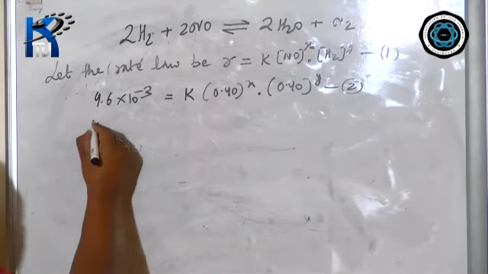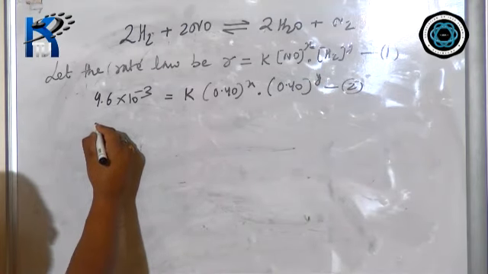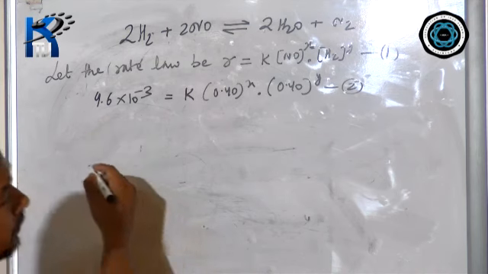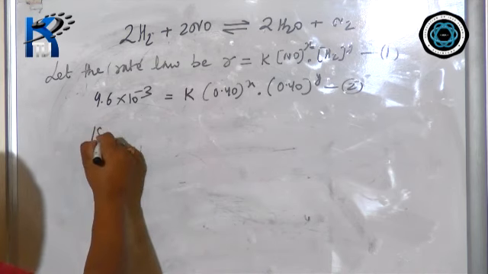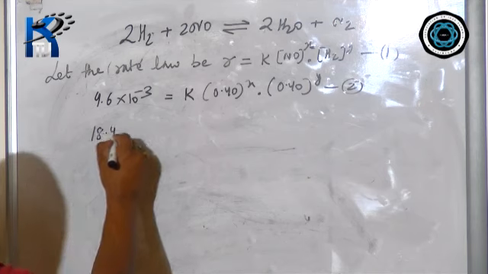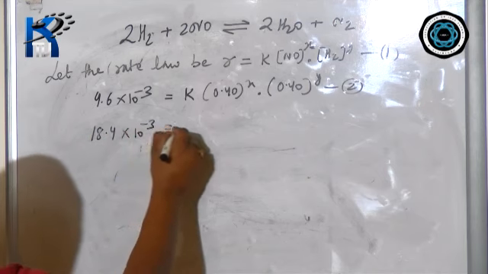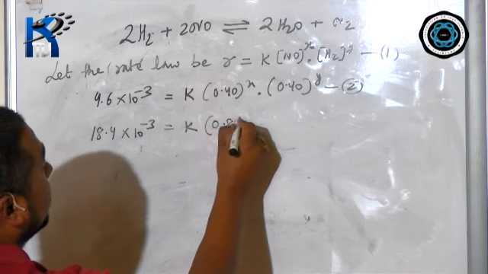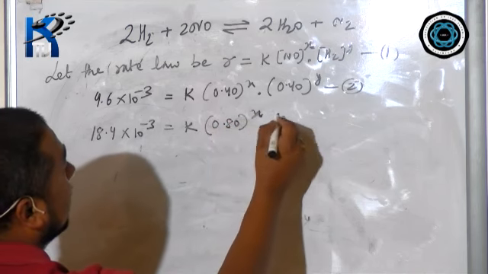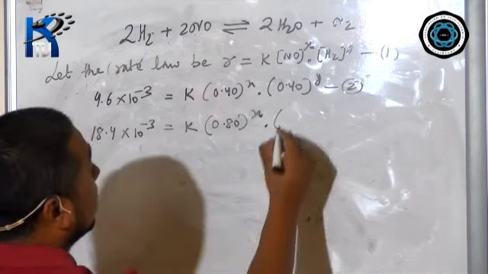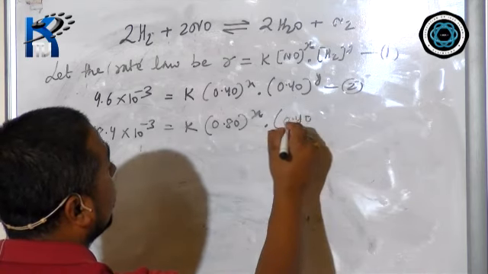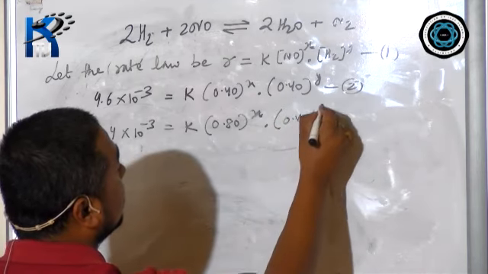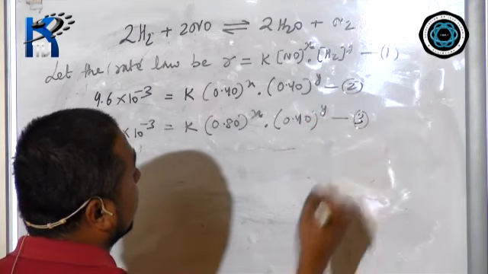Similarly, for the second experiment, the value of R is 18.4 × 10⁻³ = K [0.80]^X [0.40]^Y, with the orders you have supposed as X and Y. Let it be equation 3.